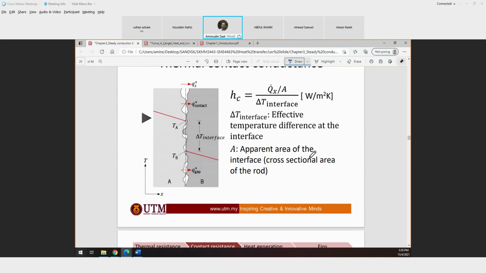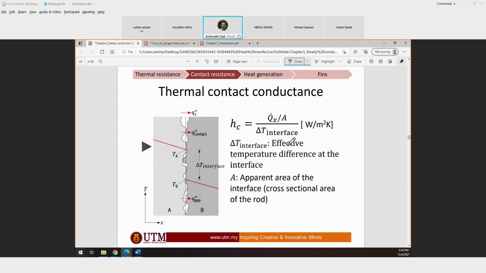So how do we consider this phenomenon? The thermal contact conductance, or thermal contact heat transfer coefficient, HC. HC here is the thermal contact heat coefficient.